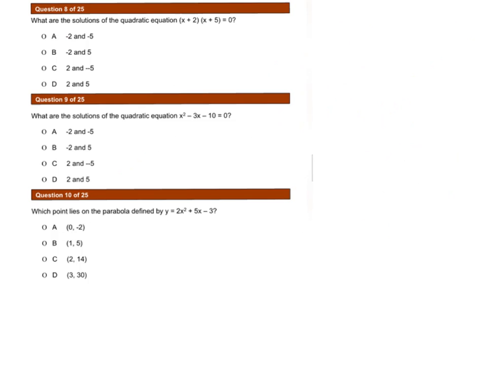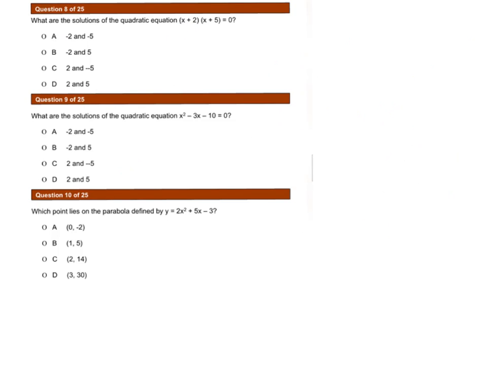Okay, we've seen all the problems now, and now we're getting some repeat problems, so we'll quickly solve these. I'm going to go a little quicker since we've discussed how each of these problems work. So number 8. What are the solutions of the quadratic equation x plus 2 times x plus 5 equals 0? We ask ourselves, what can we plug into x plus 2 to get 0?